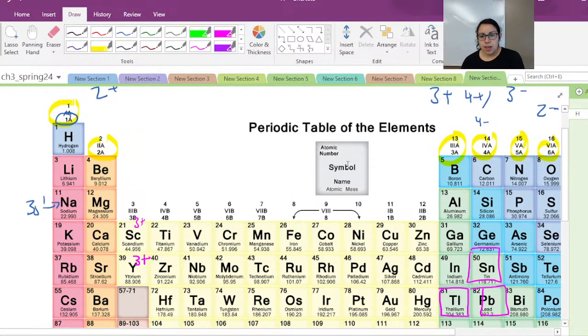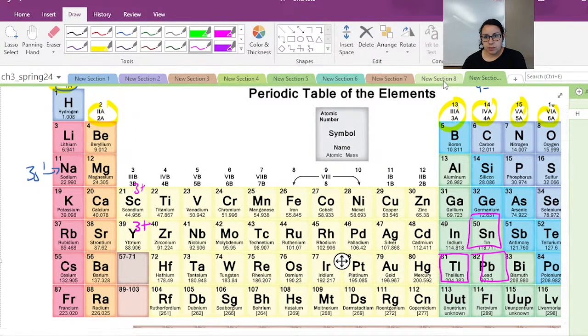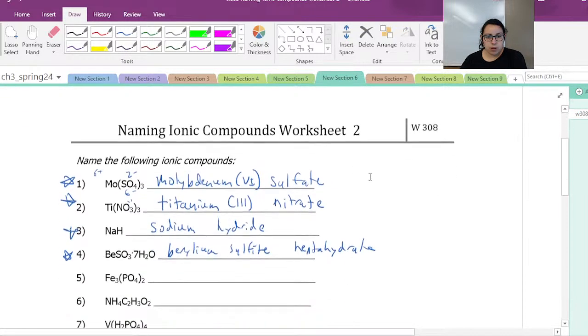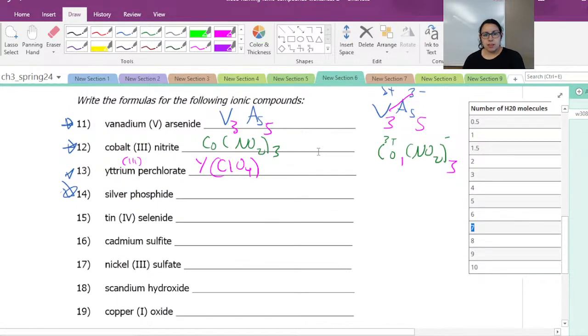And then groups 11 and 12 tend to act as 1 and 2, though. Anyways, going back to writing our formula, we need 3 perchlorate. So that was kind of tricky since they didn't tell us the charge on yttrium.